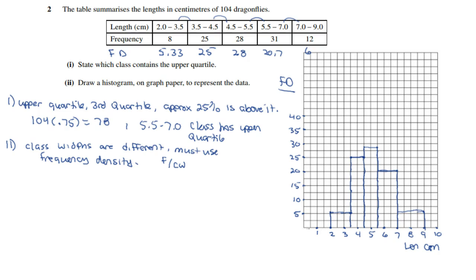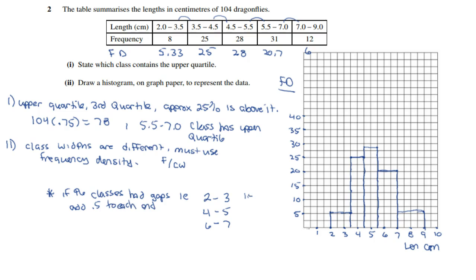Now, a couple things you've got to remember: when you're doing a histogram, there can't be any gaps between the bars. We also have to make sure that if there were gaps in our data, for example, say it went from 2 to 3, and then 4 to 5, and then 6 to 7 for our classes, we would have to add a 0.5 on each end.